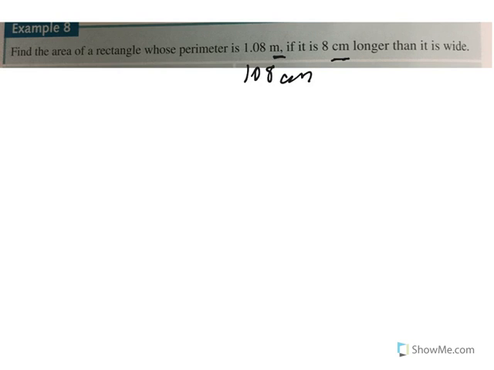For me, I always think these things are easier if we look at a diagram. So here's our length and here's our width. We're told it's 8 centimetres longer than it is wide, so the length would be the width plus 8 centimetres.